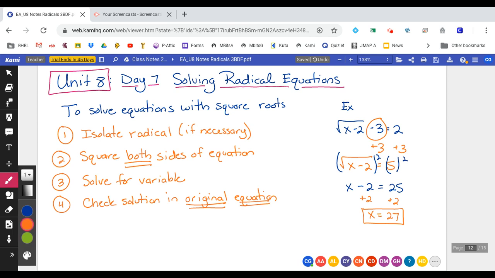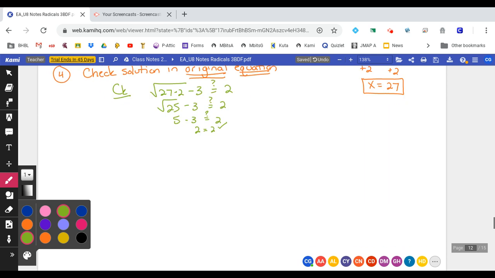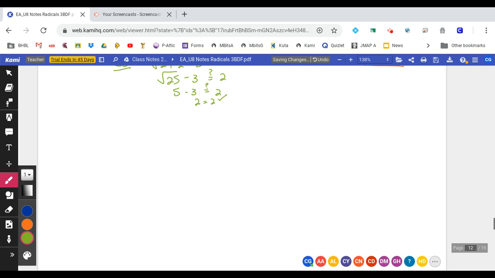All right, so for our check here, we want to know, is the square root of 27 minus 2, minus 3, equal to 2? So 27 minus 2 is 25. Square root of 25 is 5. So 2 equals 2. So yes, indeed, this does work.